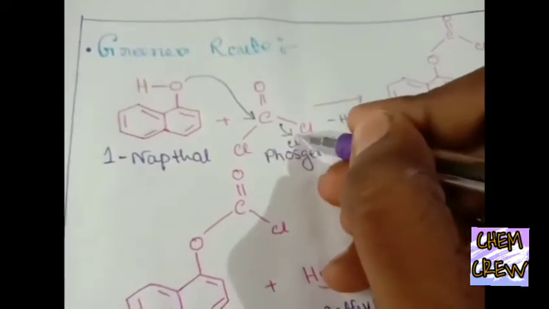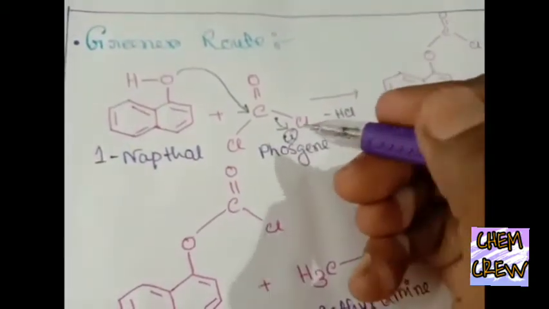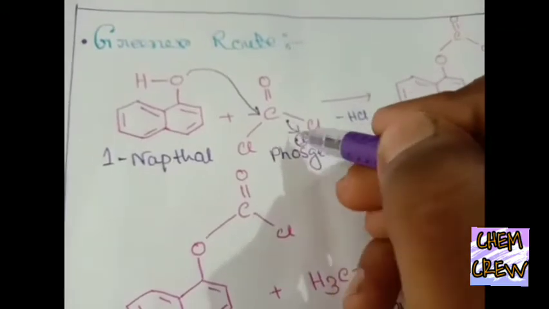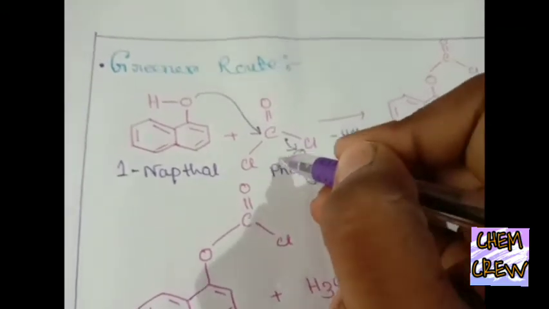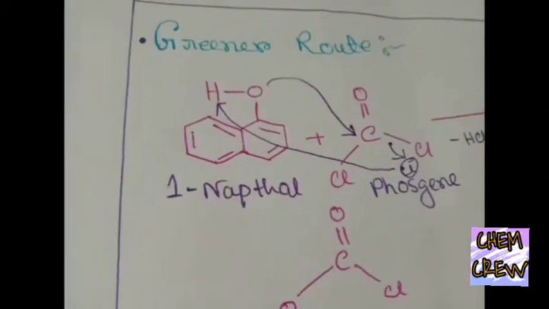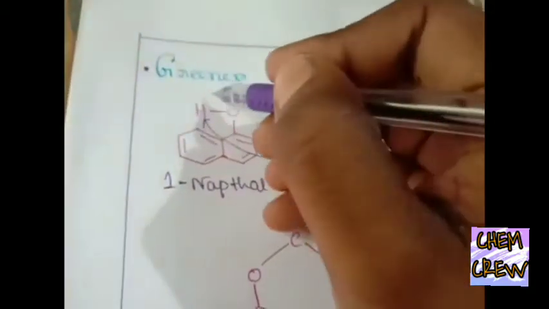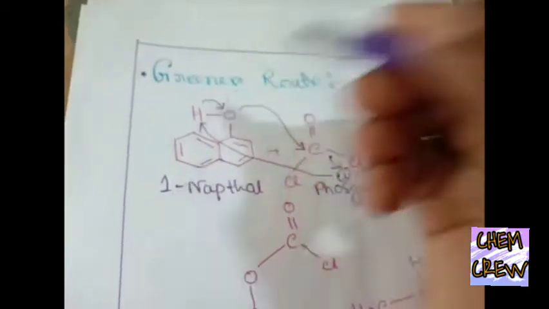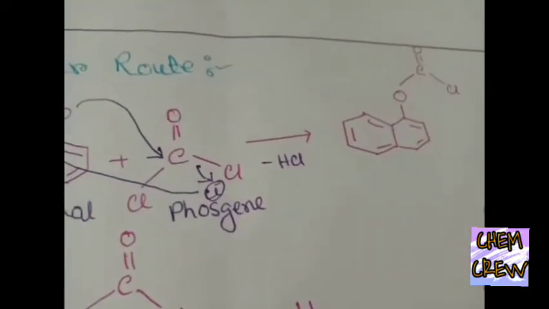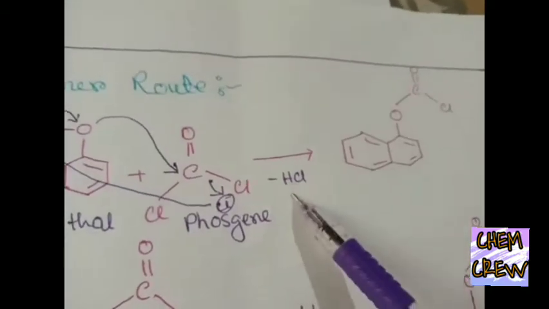This negatively charged Cl attacks the hydrogen and the lone pair is returned to oxygen, and now HCl is eliminated and we get this product.